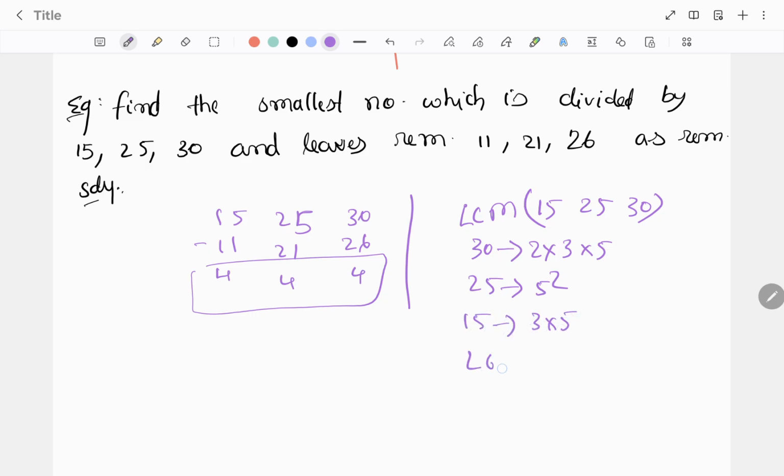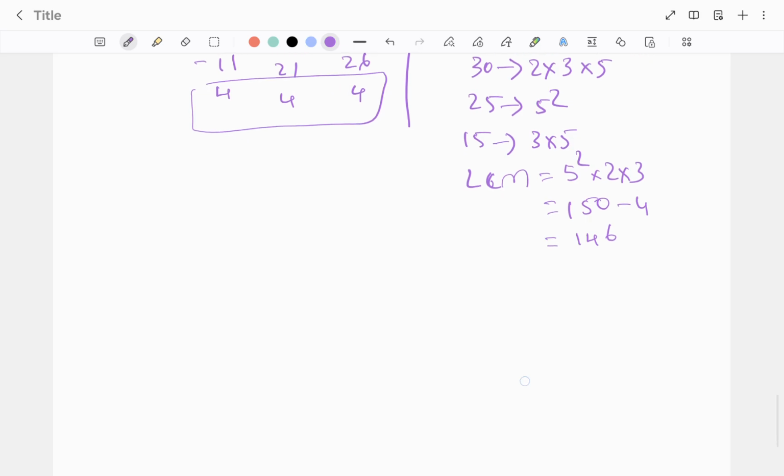So the LCM is 5 square into 2 into 3, 25 into 6, 150. So what to do? In 150, the 4 should be subtracted. That becomes 146. Next question, next example.